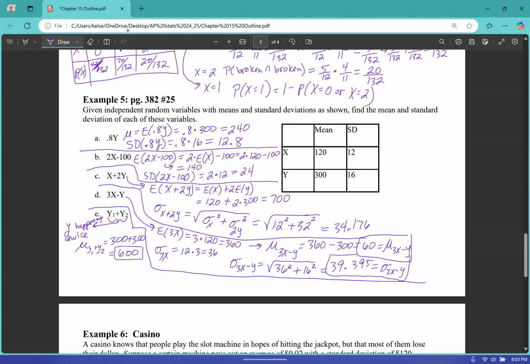And now the standard deviation of y1 plus y2 is the square root of their standard deviations squared. The standard deviation of y is 16, so 16 squared plus 16 squared. And when you do that, you will get about 22.627-ish.